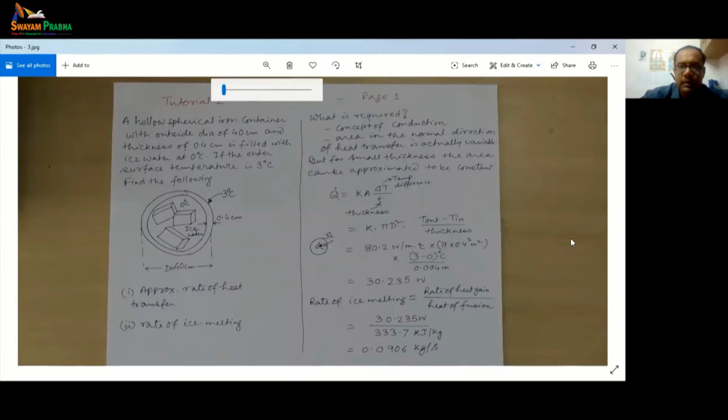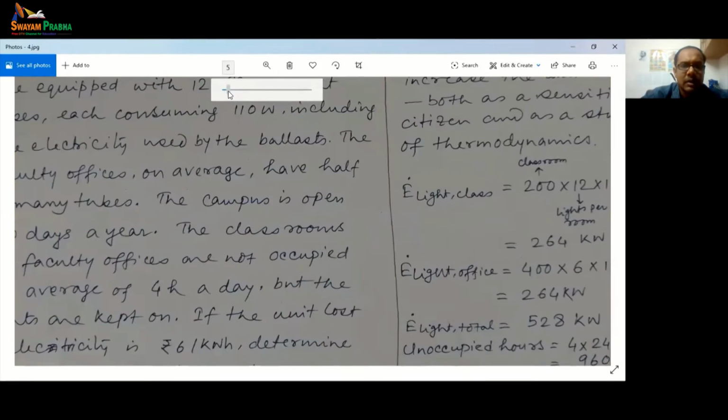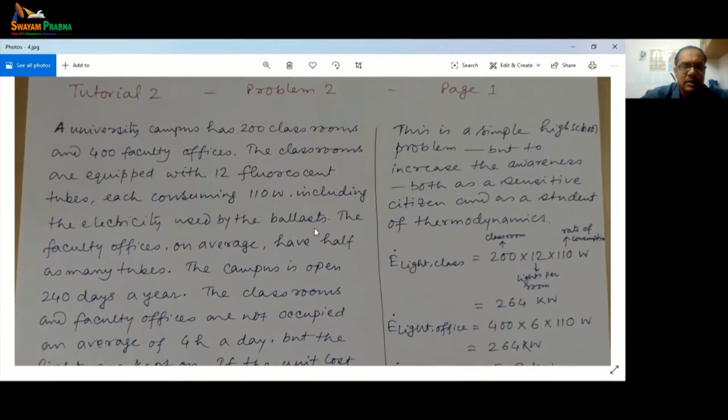Let us take the next problem now, which will make you wonder how insensitively we often behave.